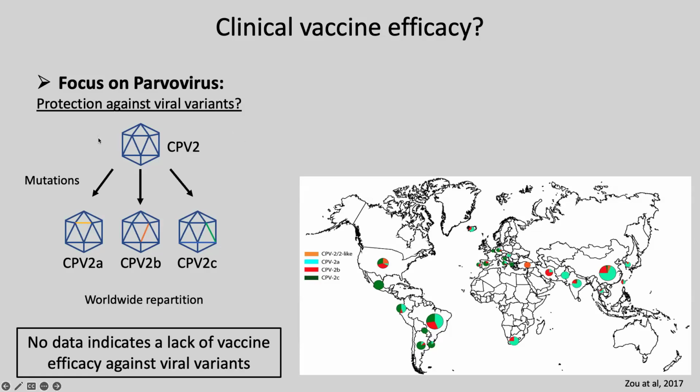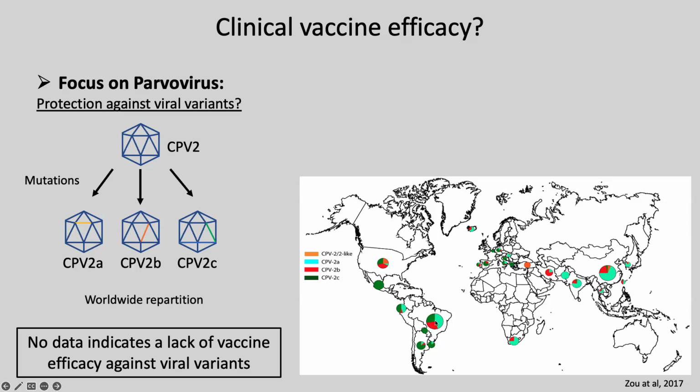And just about these vaccines, I would like to do a short focus on parvoviruses. You know that at the beginning, we had the first parvovirus, CPV2. When it arrived in dogs, it rapidly mutated, and new variants arose: CPV2a, then 2b, and then 2c. The first virus disappeared and is not circulating anymore.